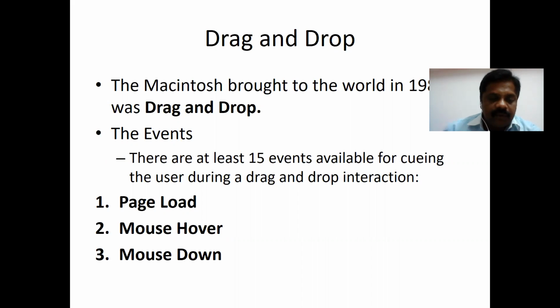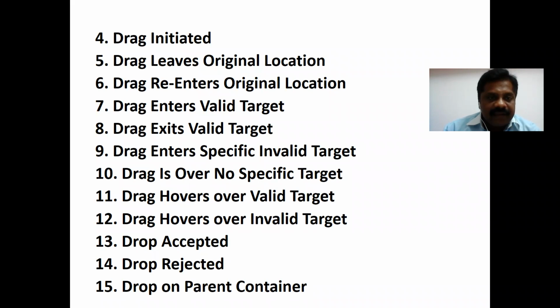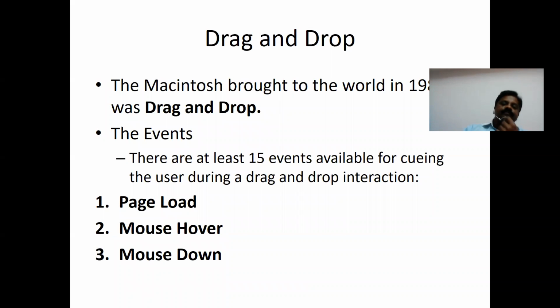They are page load, mouse hover, mouse down, drag initiated, drag leaves original location, drag re-enters original location, drag enters valid target, drag exits valid target, drag enters specific invalid target, drag is over no specific target, drag hovers over valid target, drag hovers over invalid target, drag accepted, drop rejected, drop on parent containers. So these are all the 15 events available when we are using drag and drop with a mouse.